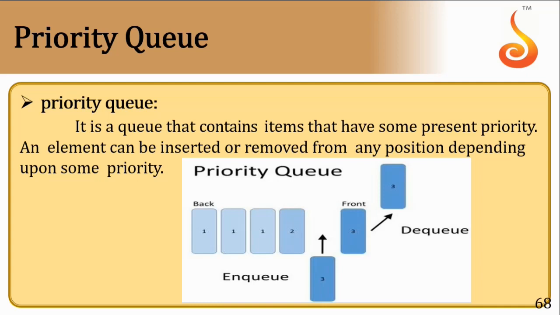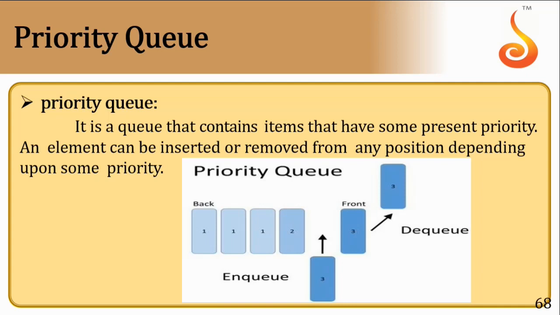An element with high priority is dequeued, or it can go out of the queue, before an element with a low priority. Suppose it has a higher priority than the element with a lower priority, it can go out of the queue. The same thing like whenever you have a VIP pass versus the general, so they can move out. That queue moves faster than this.